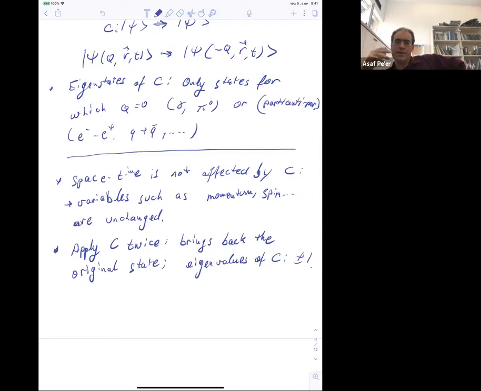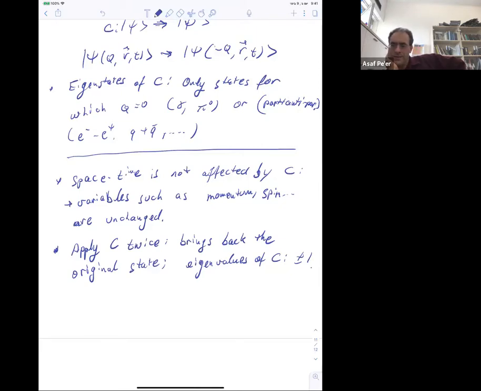There are processes that do not violate any of the other conserved quantities that we spoke about, lepton family, charge, etc., and they still do not occur in nature because they violate parity or charge conjugation or something of that kind. So we use these symmetries to determine whether some processes can take place or not.